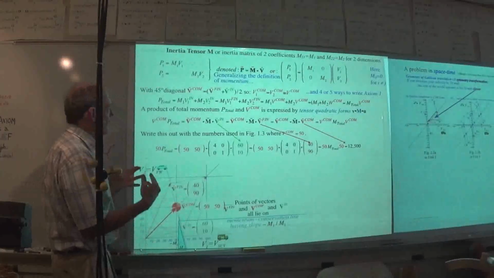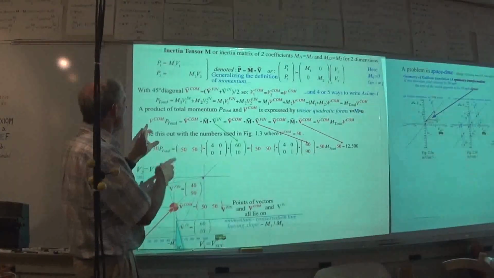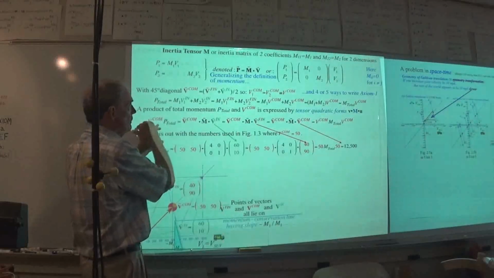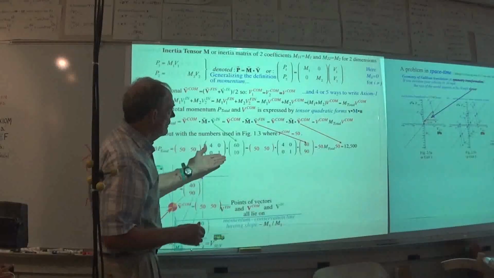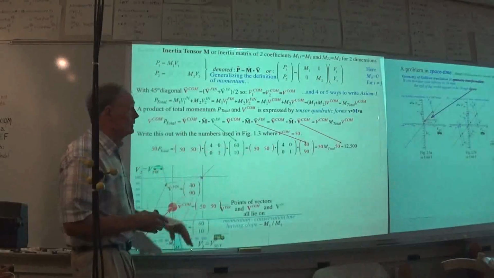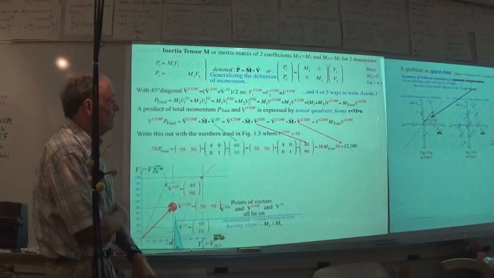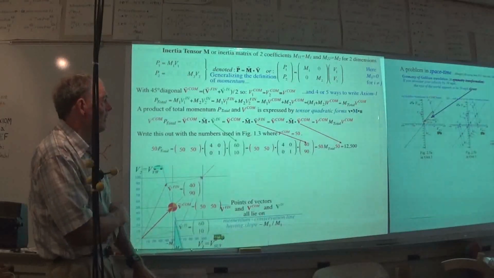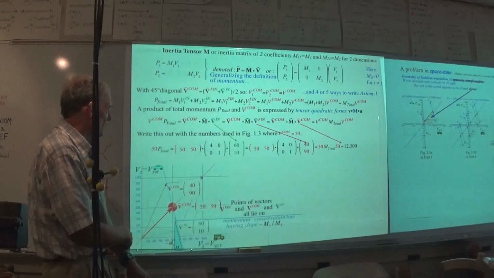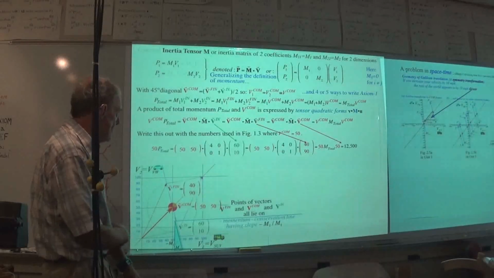Joule second, that's the h bar in quantum mechanics. So this is what we're dealing with: some action expression involving these tensors, and this is it written out. And I'm asking you in your homework to go ahead and work this out for quite a different problem. So that's the hard problem, number 3, for this coming week.